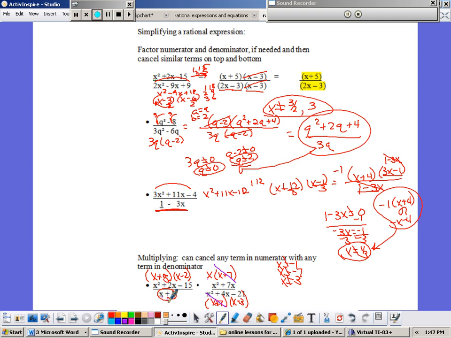So I'm left with x times x plus 5, x minus 2, over x plus 1, x minus 3, with the restrictions that are listed there. Sometimes a lot of things cancel out, sometimes not.